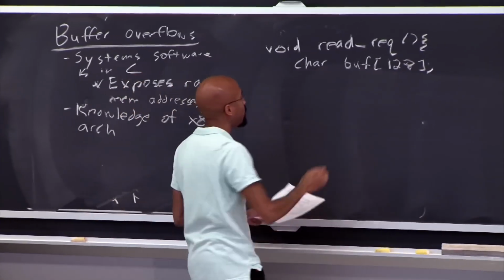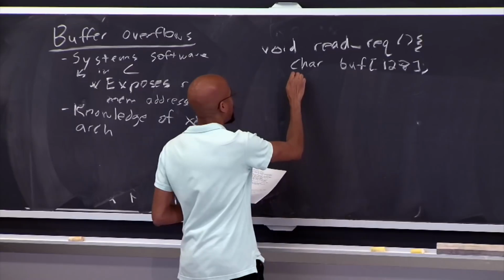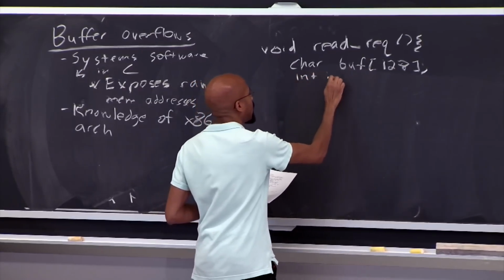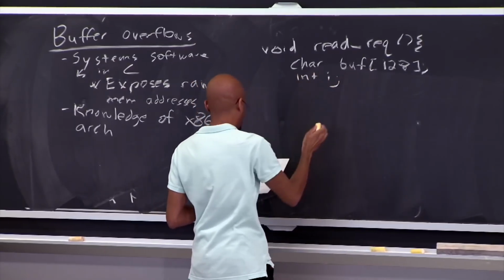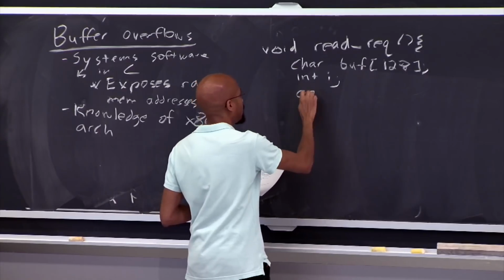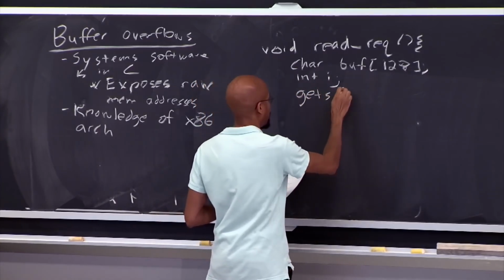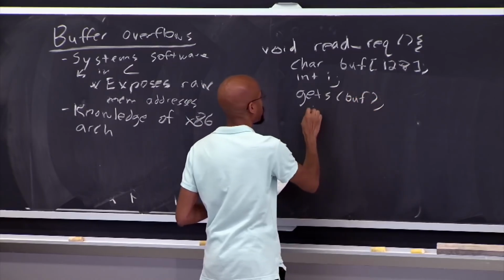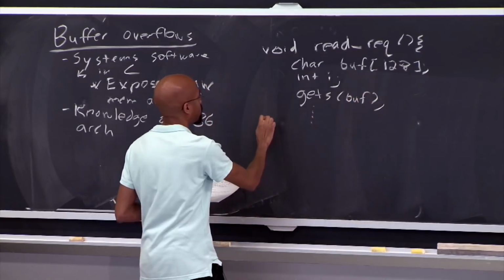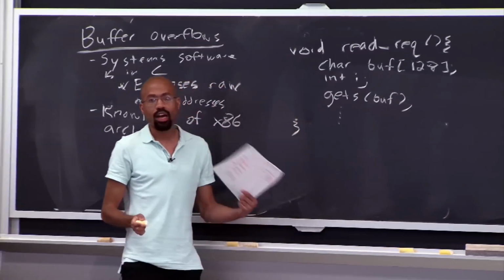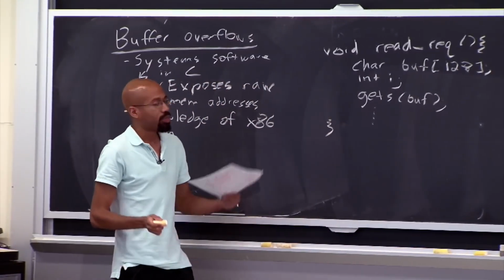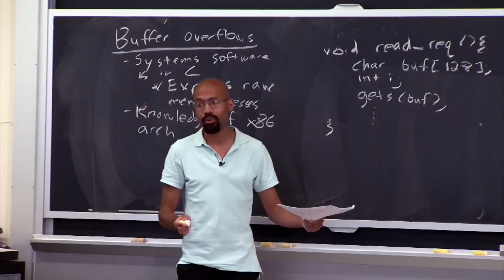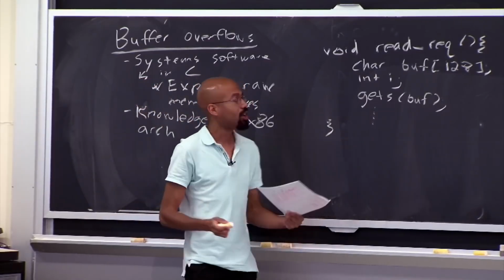That is the right attitude. So we've got the buffer up here. And then we've got the canonical i. And then we've got the infamous gets command. And then you've got some other stuff here. So as we discussed in lecture last week, this is problematic, because this gets operation here does not actually check the bounds on the buffer.